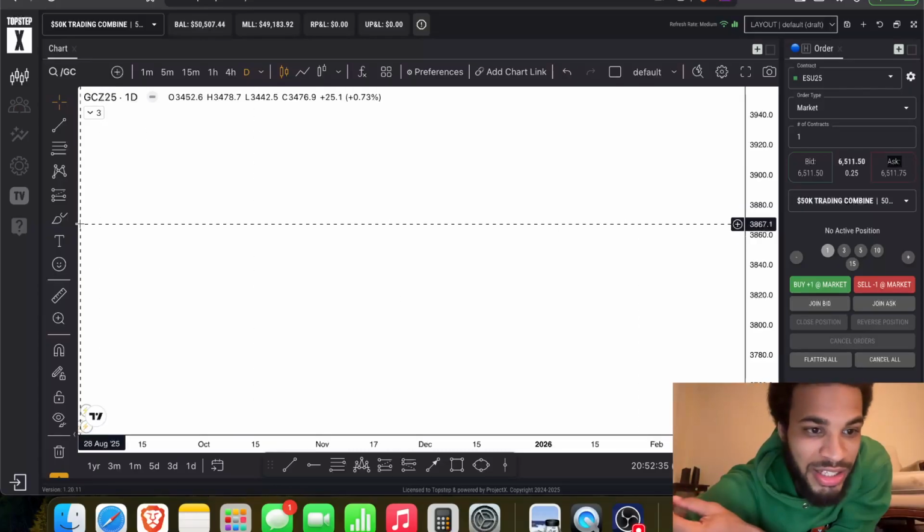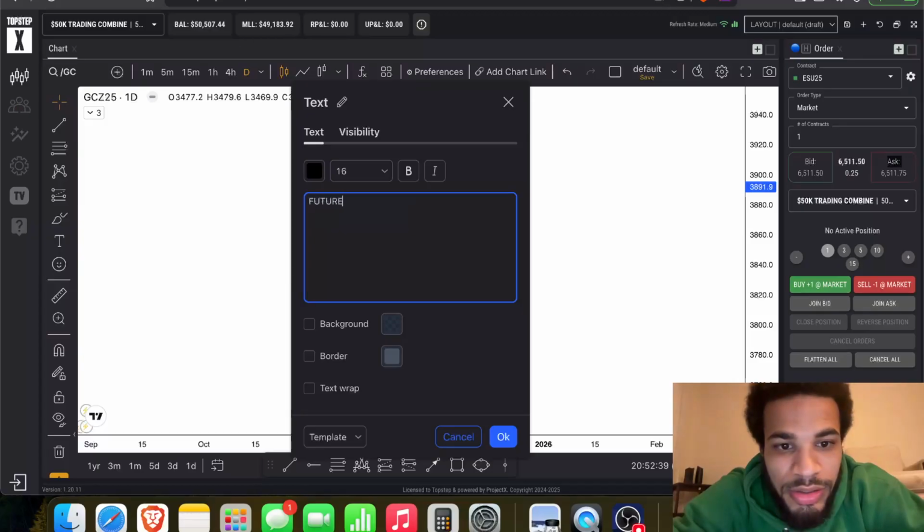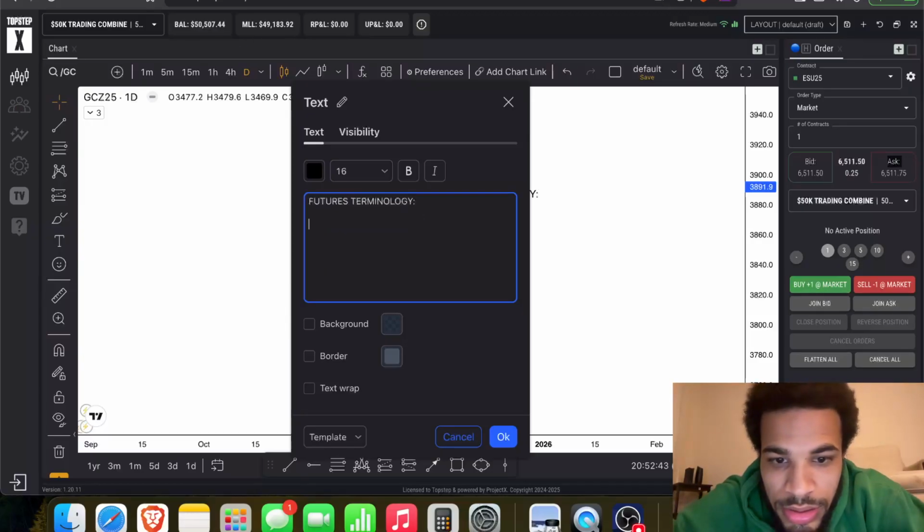The terminology, and I'm going to type this out. Futures terminology. Okay, you have something called ticks, and then you got something called points.